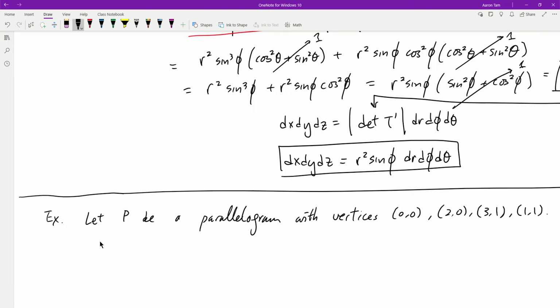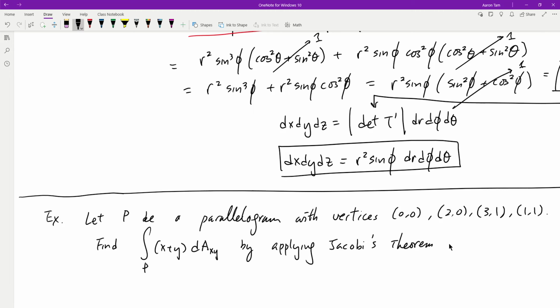And what we'd like you to do is to find the integral over P of x plus y dA. Since we talk about integrals in different coordinate systems, I'm going to say dA sub xy, meaning I'm talking about dA in the xy coordinate system. That would be basically dx dy, by applying the Jacobian theorem.